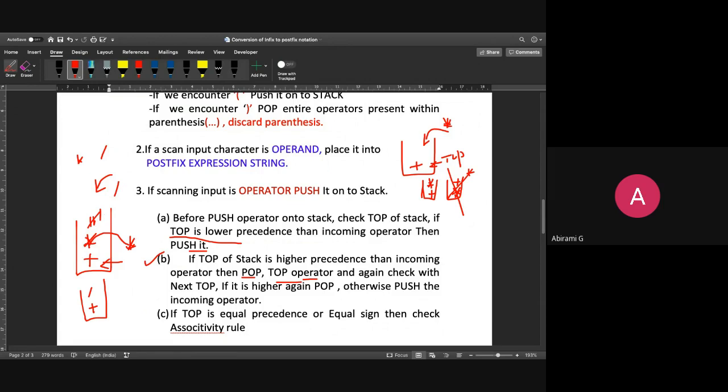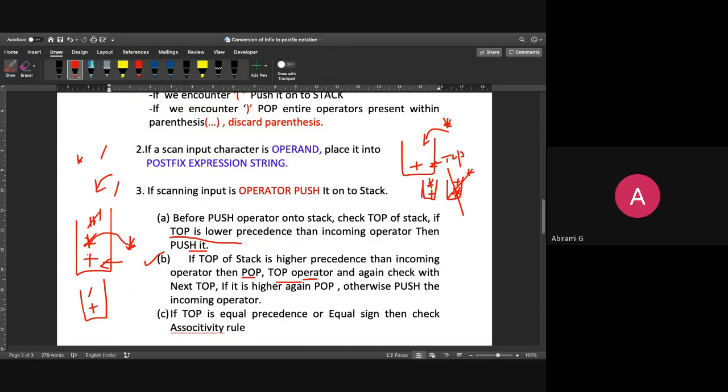The associativity for multiplication and division is left to right. So obviously we have to take the first operator, that is star, which means star then place slash. Instead of seeing this, we have to see the associative rule.